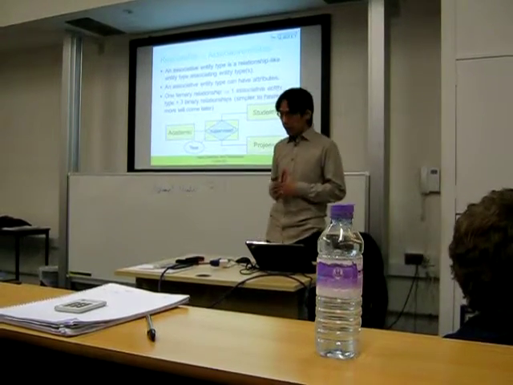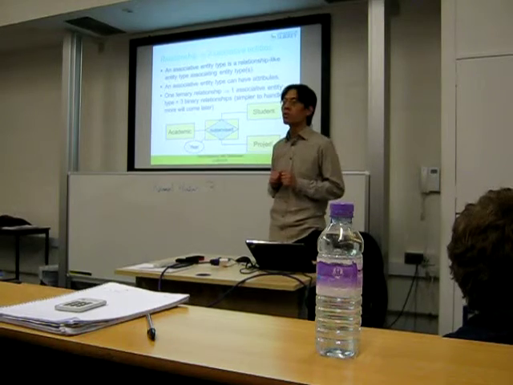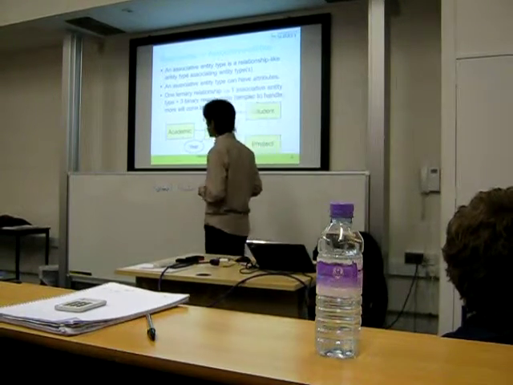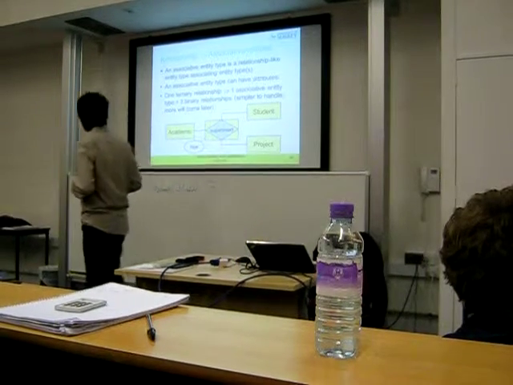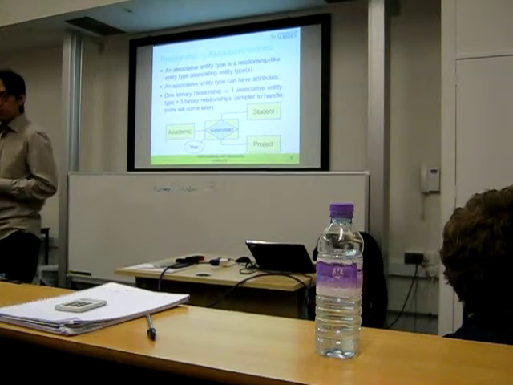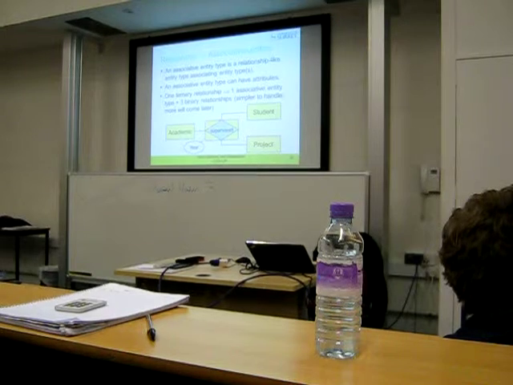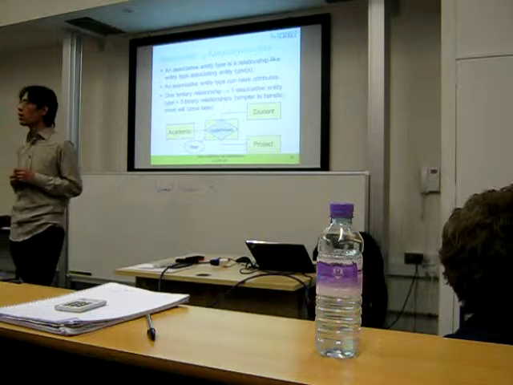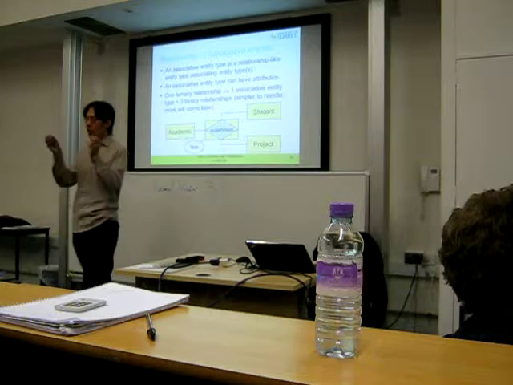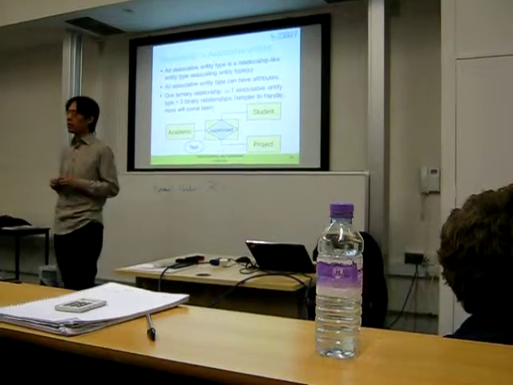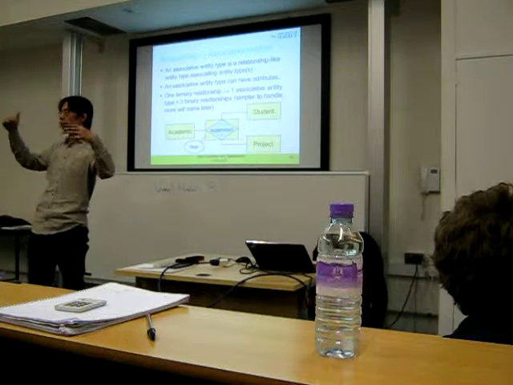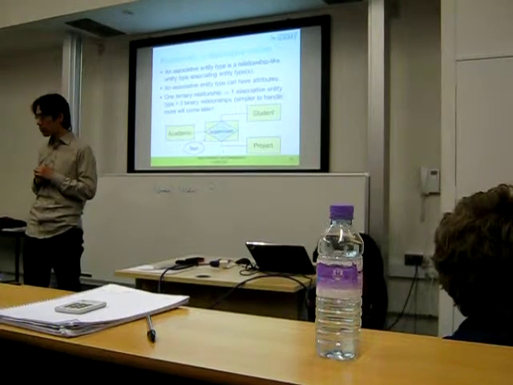So in that case, what you can do is convert it to something called an associative entity type, which is a special entity type that basically covers the relationship. The word associative basically means a particular entity type, which is normally a relationship, is linking, associating different entity types together.